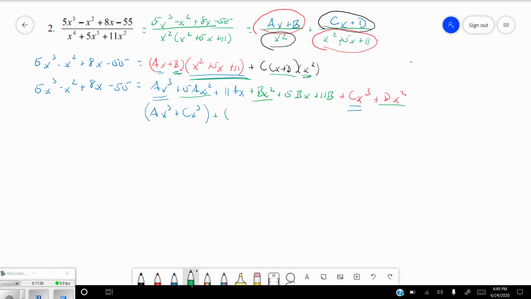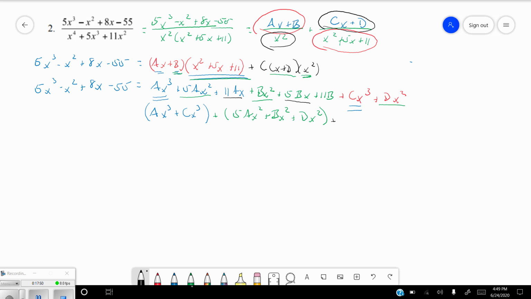So plus 5ax squared plus bx squared plus dx squared. Okay, then I have to reassociate all of my x terms, which is going to be 11ax, 5bx, and that looks like that's it.